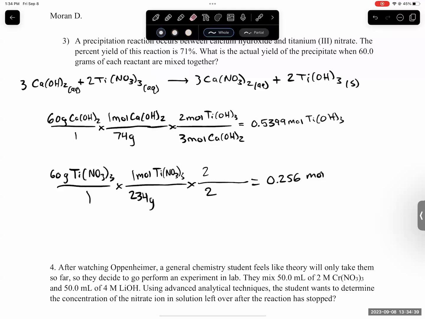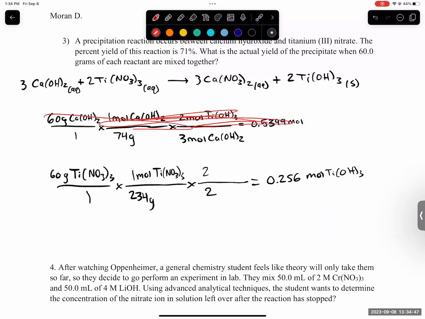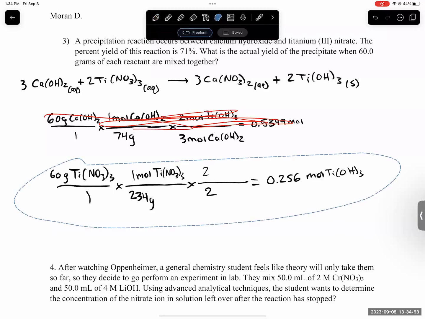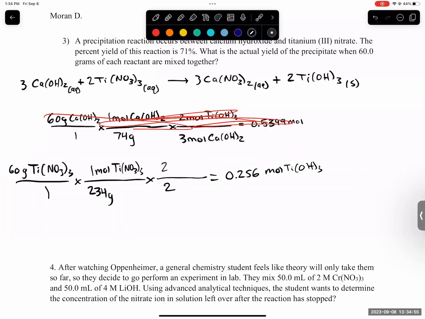So what we can do now is, on a test, I would cross out this whole area because I don't want to get mixed up, especially when our points are on the line and our GPA is too. So now we just convert here. What's the molar mass of that one?